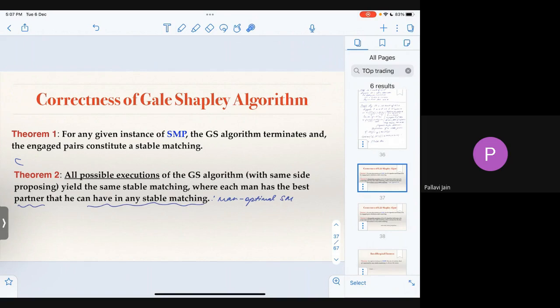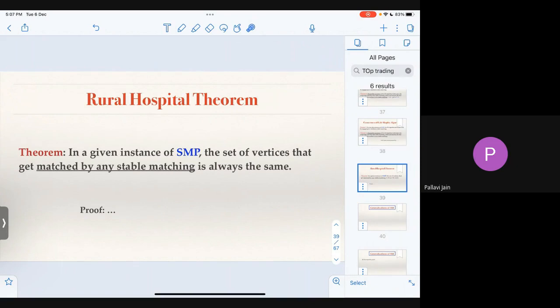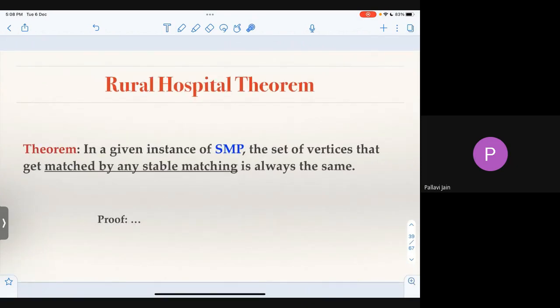But here, we will next see the most remarkable and most stunningly named result, called the rural hospital theorem. It says that in any given instance of a stable marriage problem, the exact same set of vertices will always be matched.